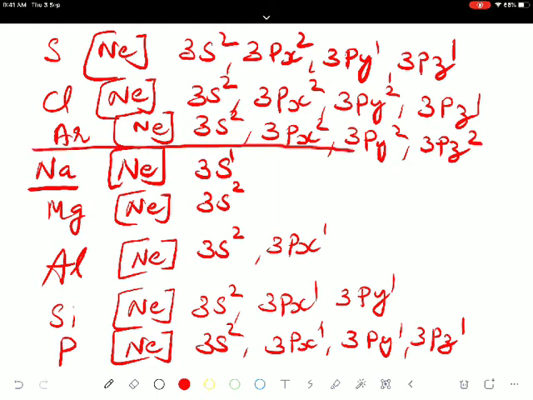So argon, closed shell. Now tomorrow we will be doing for potassium, calcium, 19 onwards tomorrow we will be doing. Thank you.